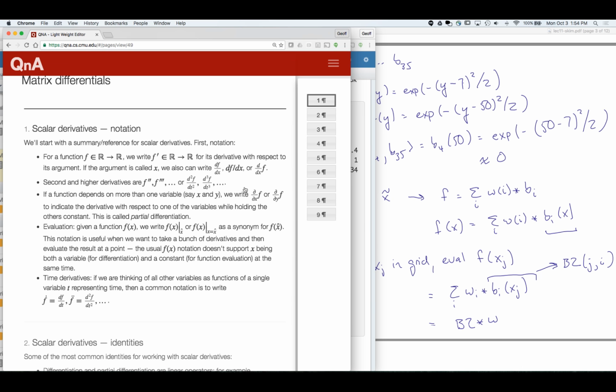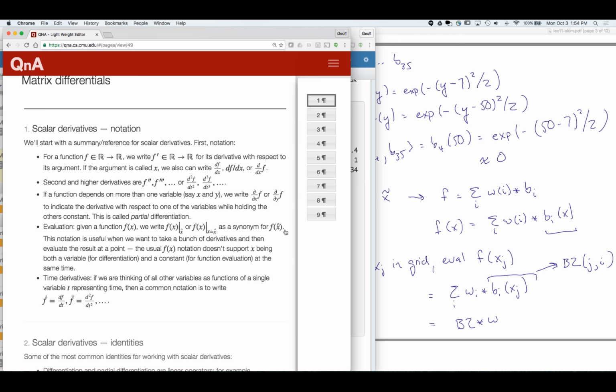And then the last bit of notation that we'll commonly use: if we're given a function f of x, we will write f of x with a vertical bar sub x hat as a synonym for f evaluated at x hat. It seems like a weird notation for function evaluation, but it's useful to be able to take a bunch of derivatives and then evaluate the result at a point.